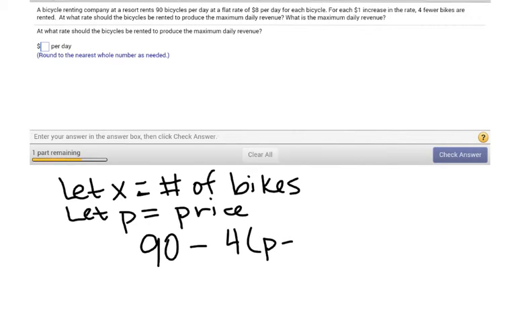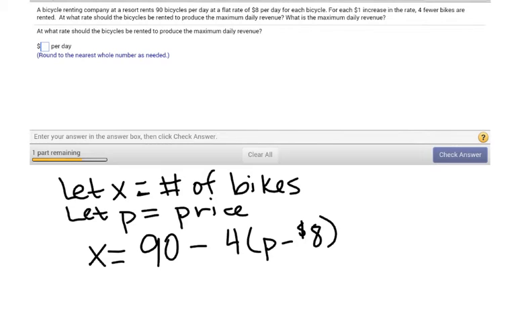The price minus the $8 will tell us what the increase is. So this piece here, the P minus $8, tells us how much we've increased the rate from $8. We'll multiply that by 4 to find out how many fewer bikes we are renting at this new price. So that is going to be the number of bikes that we can rent.